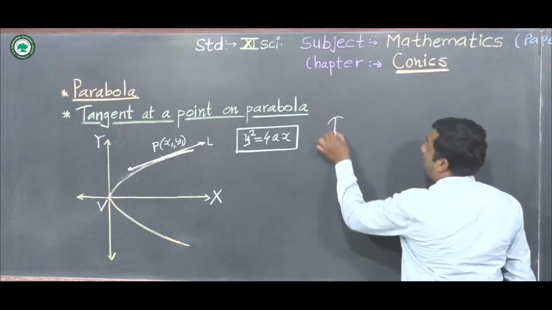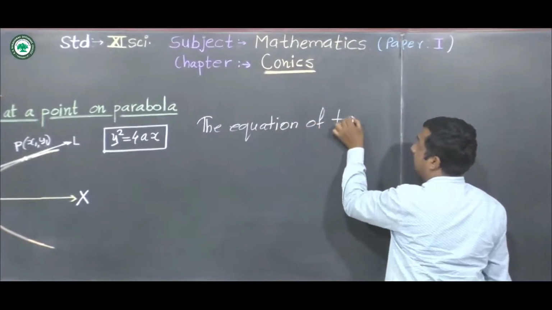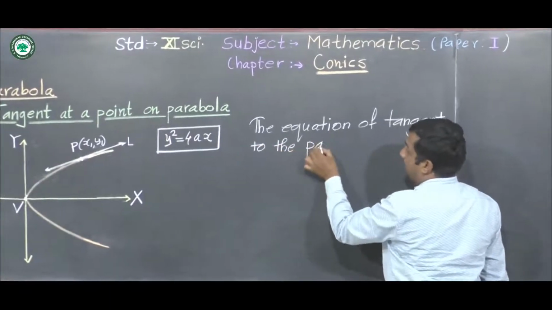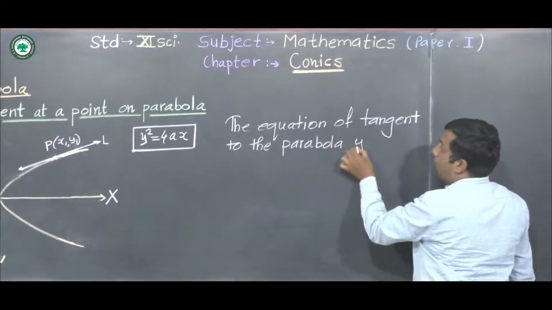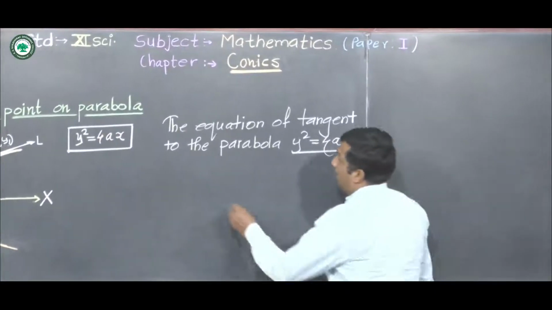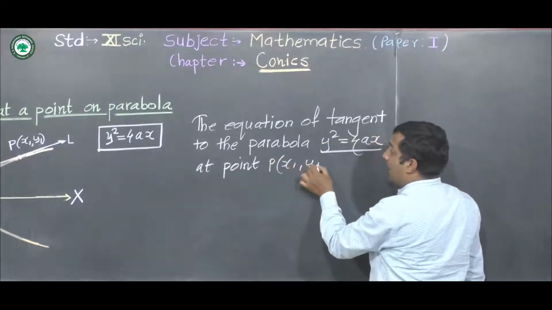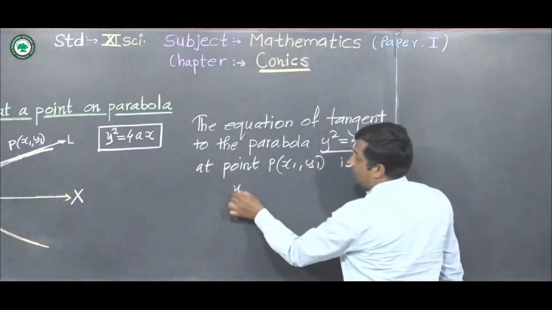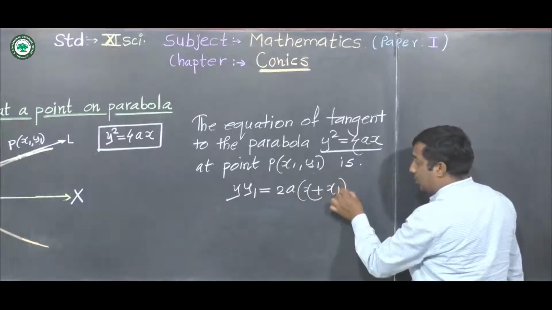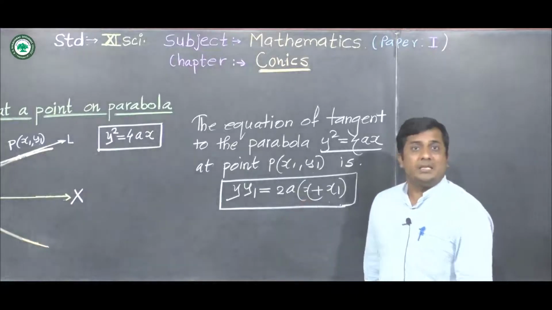So I write the equation of tangent to the parabola y square is equal to 4ax, at point P(x1, y1), is y y1 is equal to 2a into (x plus x1), and this is the equation of the tangent.